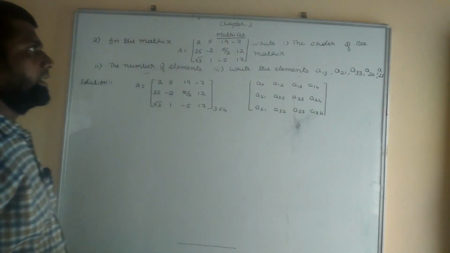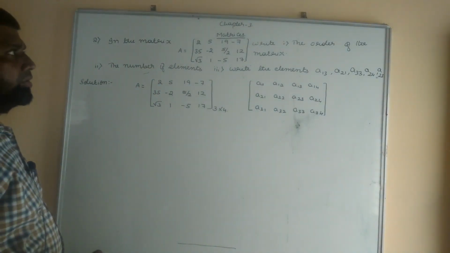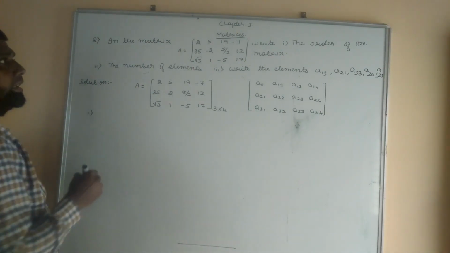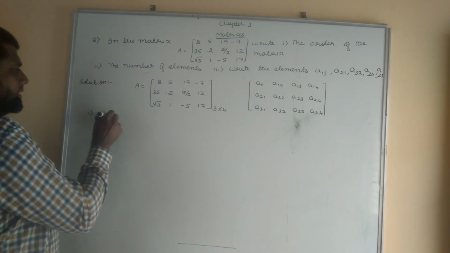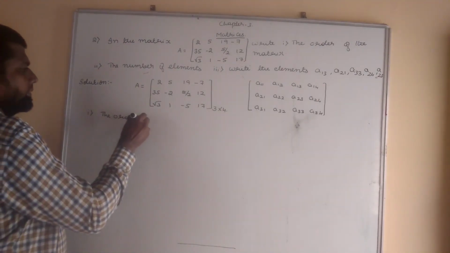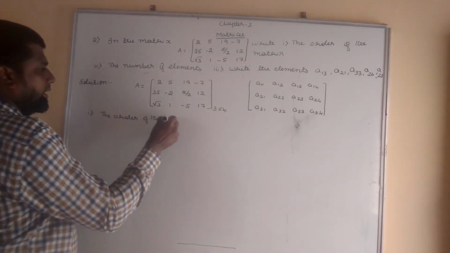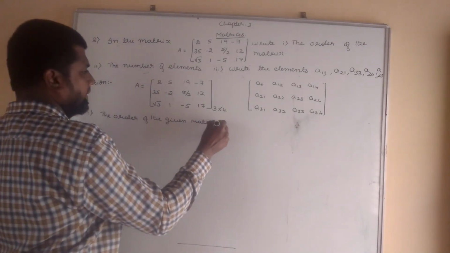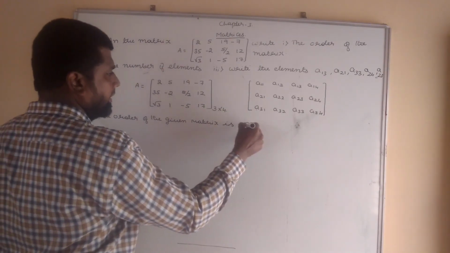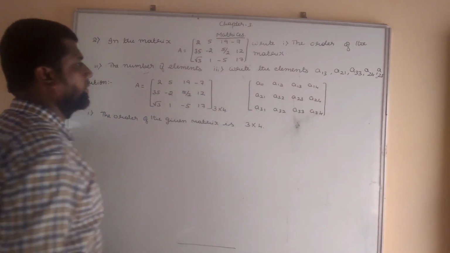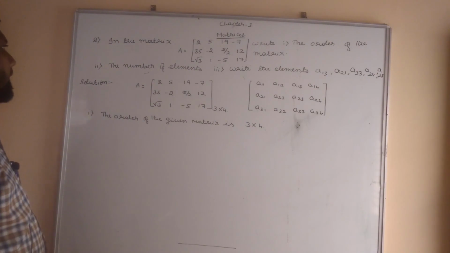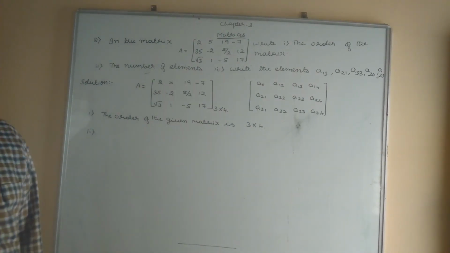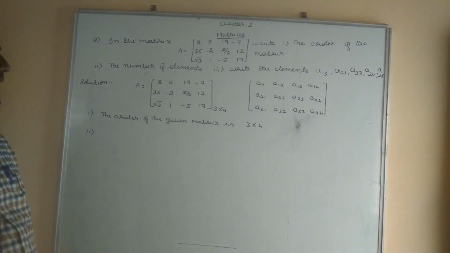So let us take the first question, the order of the matrix. The order of the given matrix is 3 cross 4. The second one is the number of elements present in the given matrix.